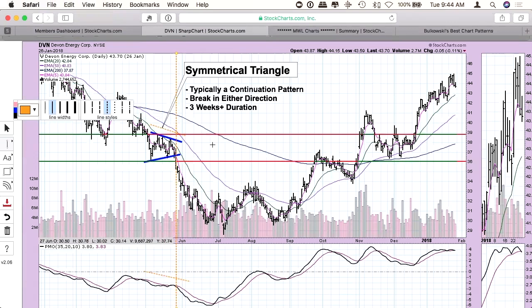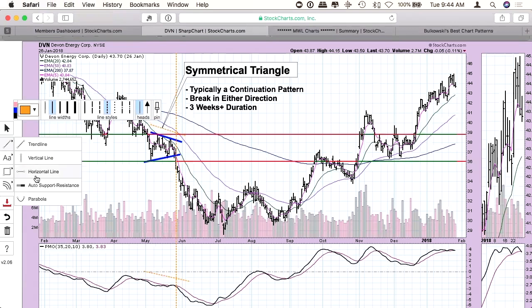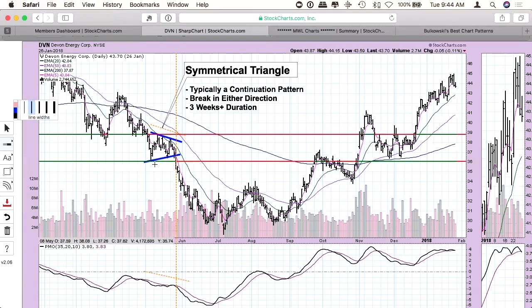So now where are we going to set our targets? Well, the idea is, of course, the length, again, of the back end of the pattern. Length of the pattern, about here. So this would be our minimum downside target for the pattern.